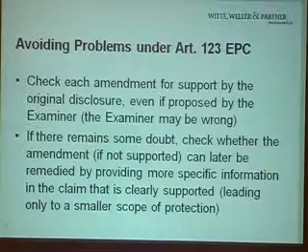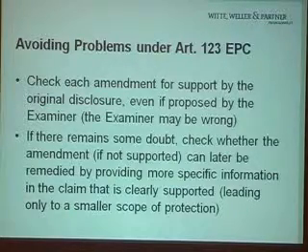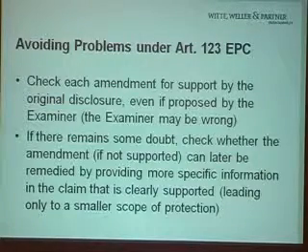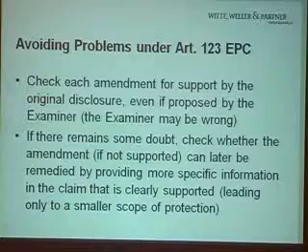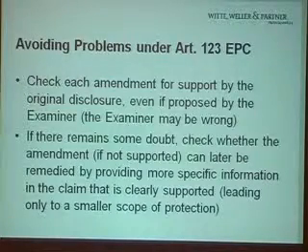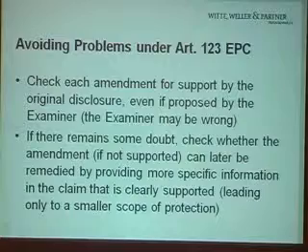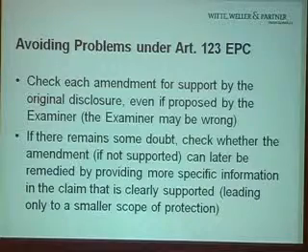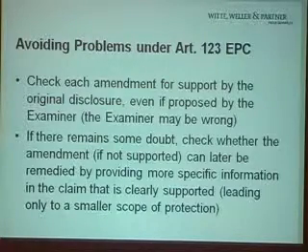into trouble. So if there remains some doubt, you should further check whether the amendment, if maybe not supported, could later be remedied by providing more specific information in the claim that is clearly supported, which would lead only to a smaller scope of protection. So if there may remain some doubt, you may go with the examiner and you may get the patent granted just to avoid this inescapable trap.